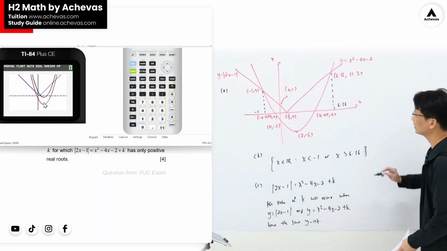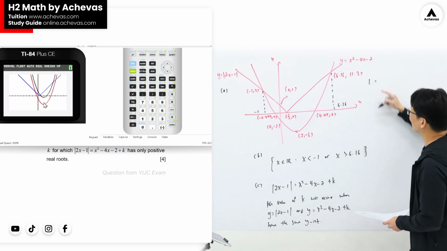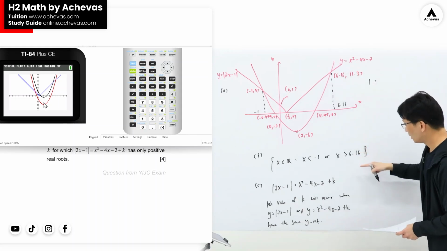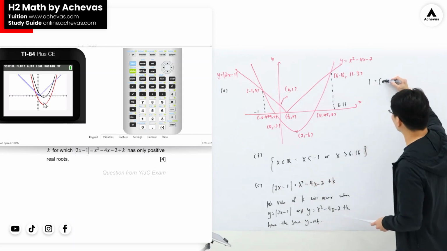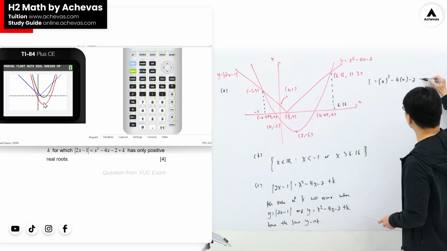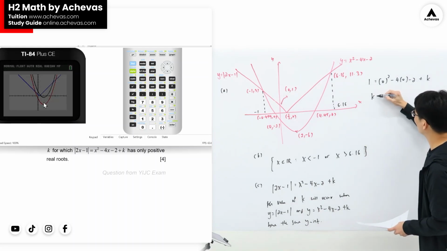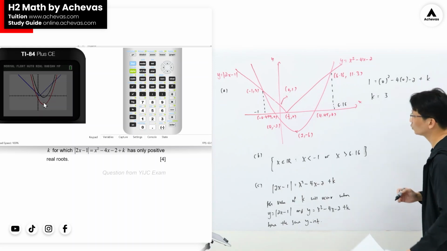In this case, y-intercept 0, 1. So when y equal to 1, I'm going to sub in x equal to 0 into this equation here. So this is 0 squared minus 4 times 0 minus 2 plus k. And from here, we are able to solve that k is equal to 3.